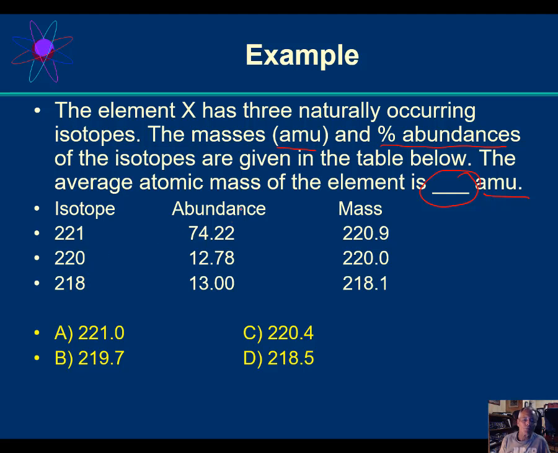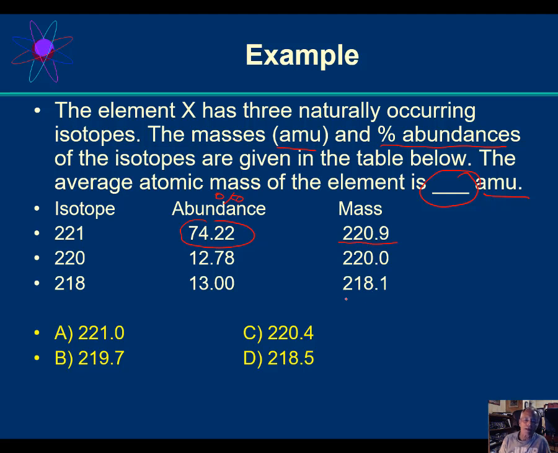Now, let me give you a clue. This is the percent abundance, and we see that most of this element's atomic mass comes from isotope 221, which has an actual mass of 220.9. So unless we have something that has a really low atomic mass for a particular isotope, we should get a weighted average that's closer to this.